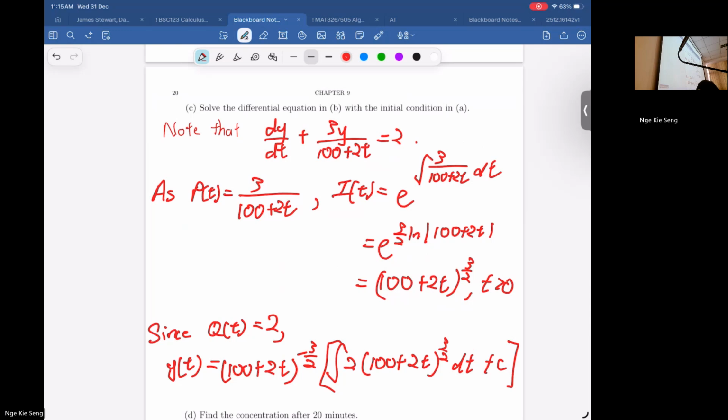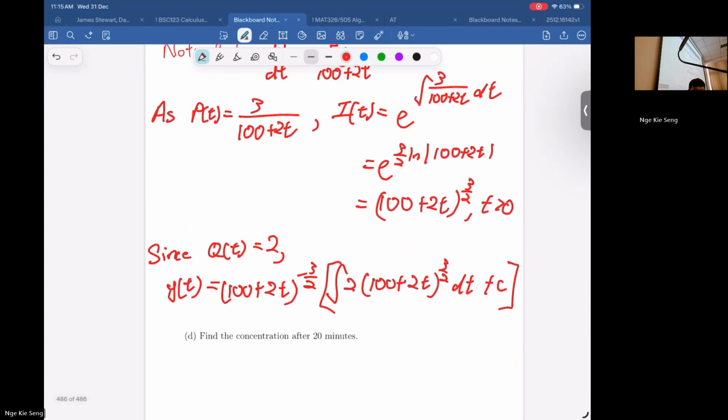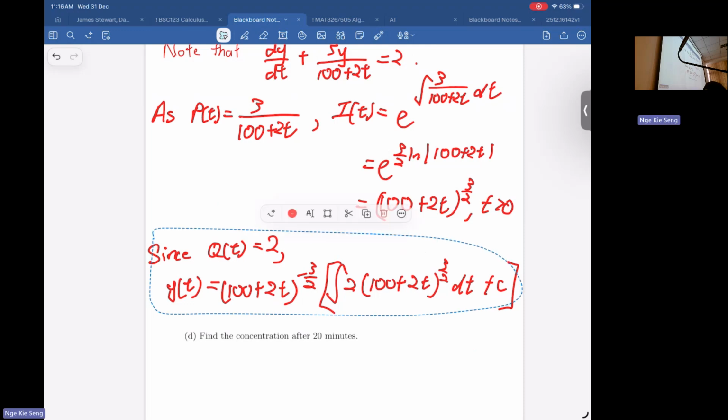Is it easy to calculate here? Again, you use substitution. If you use substitution, what do you get? Maybe let's move out a little bit.